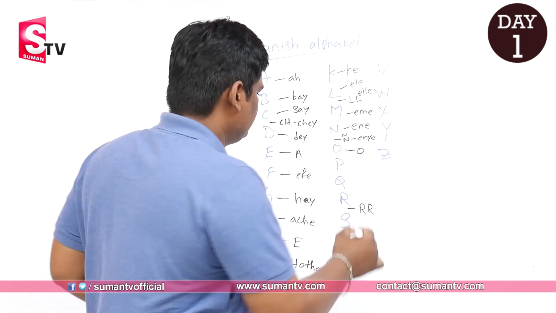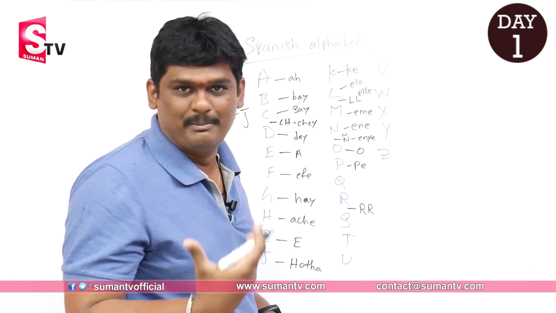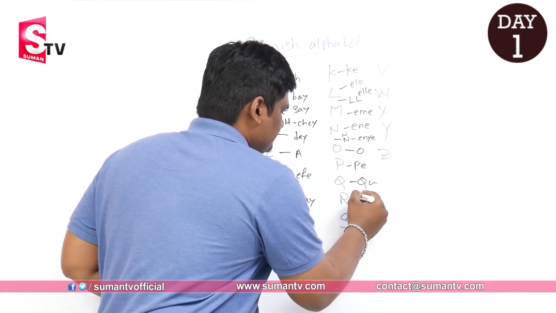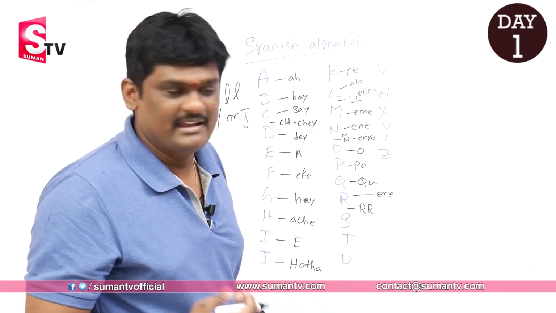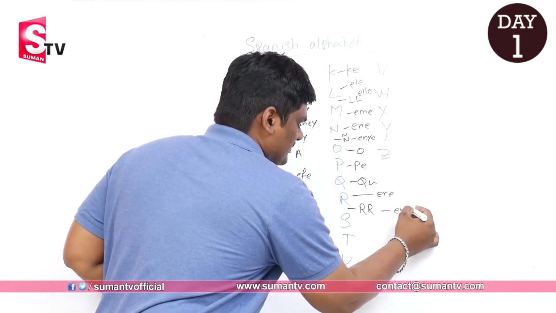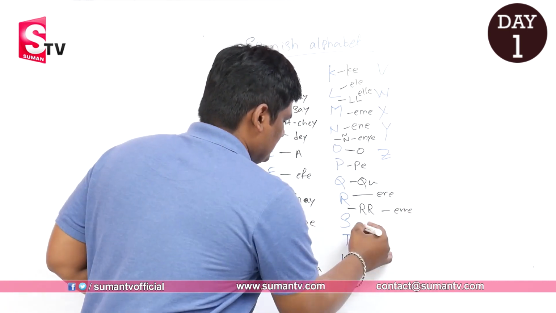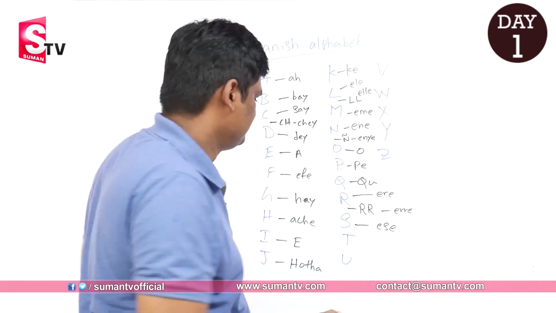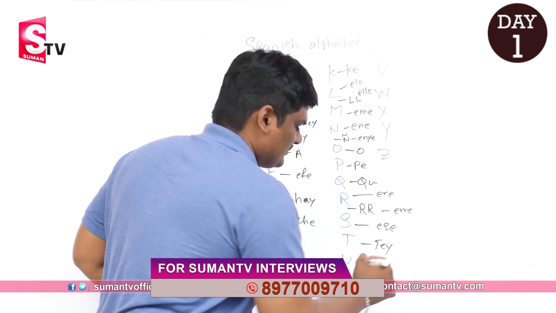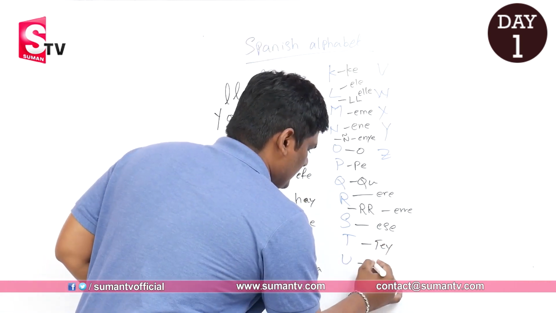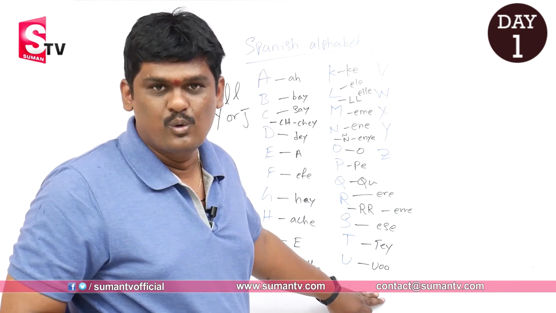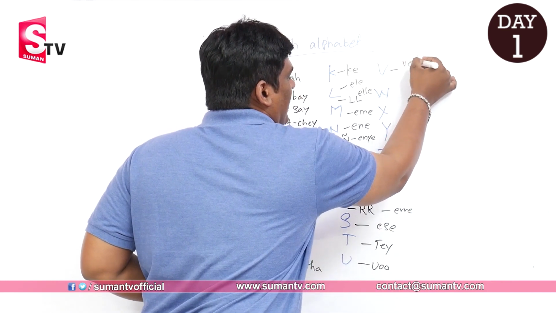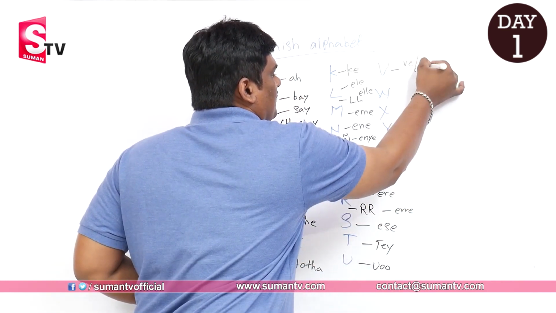O is O. P is P. Q. R. S. Te. U. And V can be pronounced as Ve or Be.